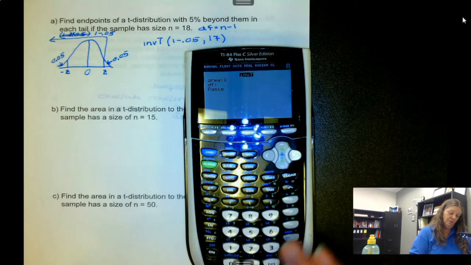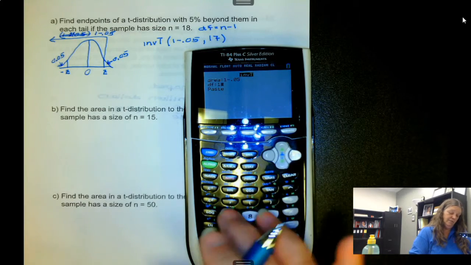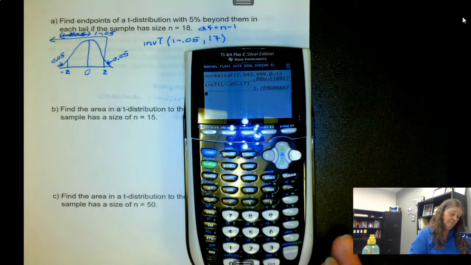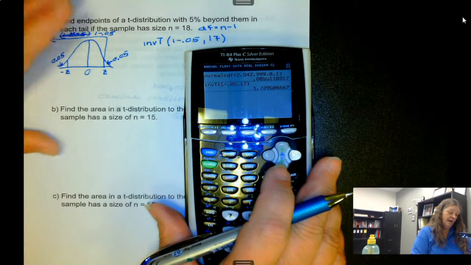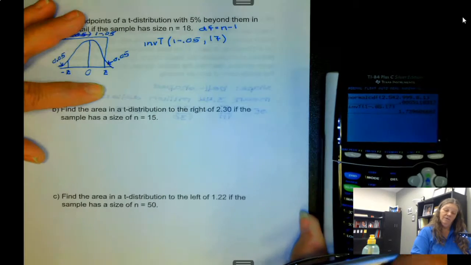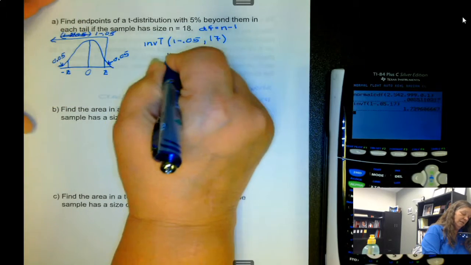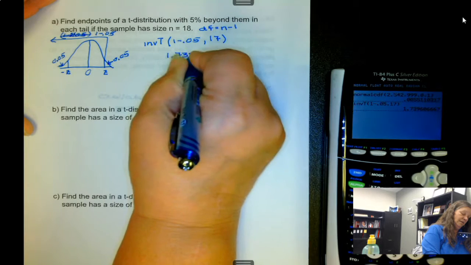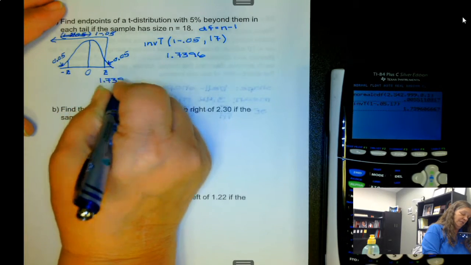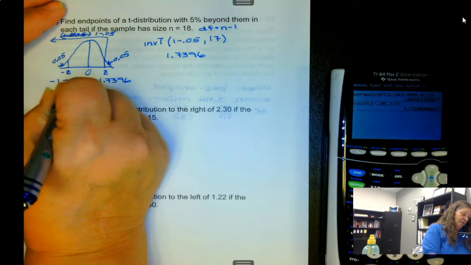So the area is 1 minus 0.05. Degrees of freedom is 17. And we have a cutoff of 1.74 or 1.7396. So the positive is 1.7396, and the negative is a negative 1.7396.